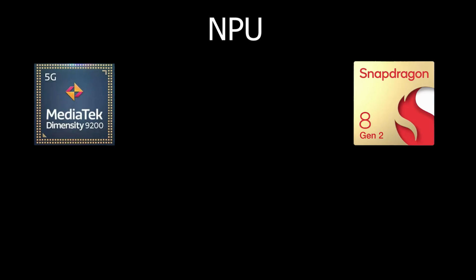Both processors have an NPU. We can see that Dimensity doesn't say much about which one they are using, but for the first time Qualcomm has also not announced proper details of the NPU, because we all know they were sticking with Hexagon, but here there is no such thing. If there is, I will tell you in the comments or in the description.